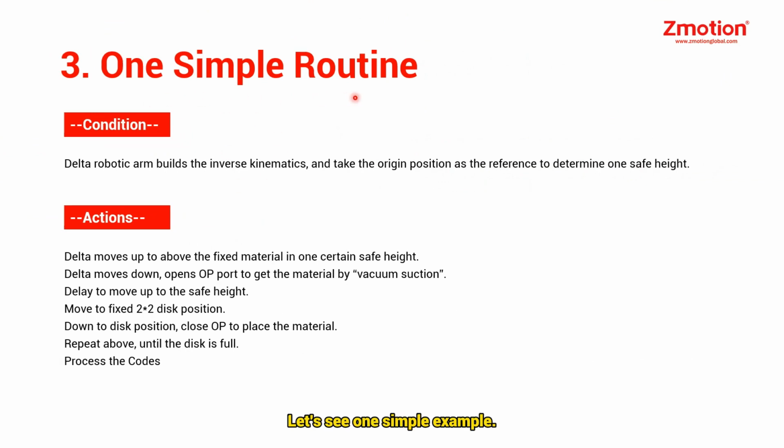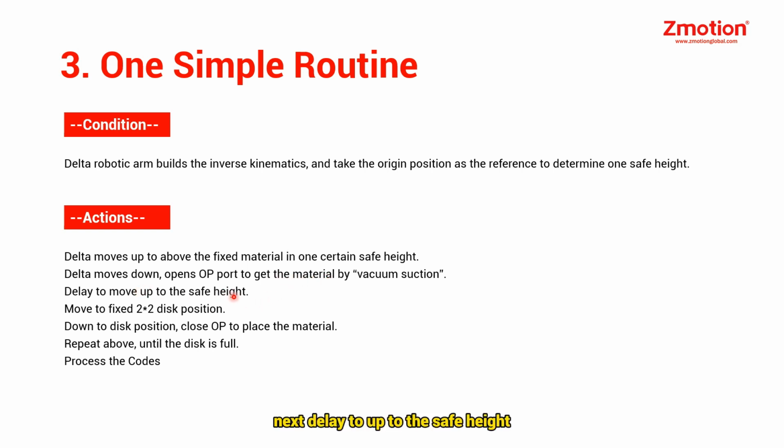Let's see one simple example. Under inverse kinematics mode, take the origin position as the reference. Then determine one safe height. Specific actions are: Delta Robotic Arm moves up to the safe height. It should be at the position above the material. Then open OP, down to obtain the material through vacuum suction.